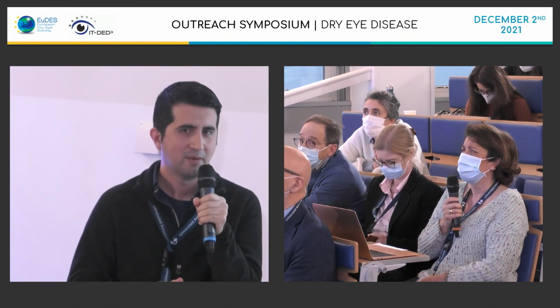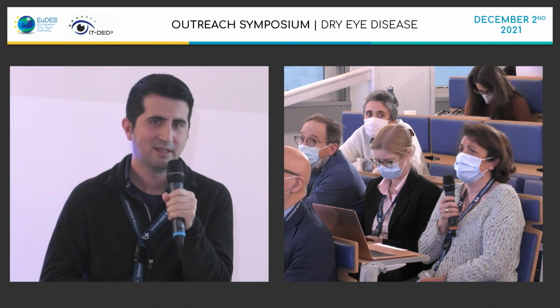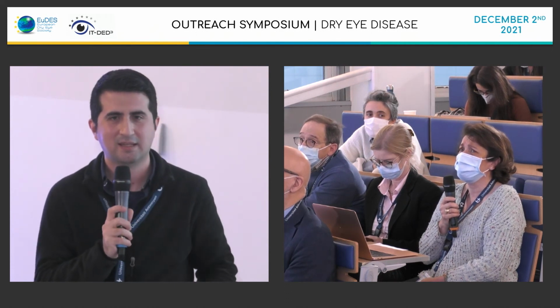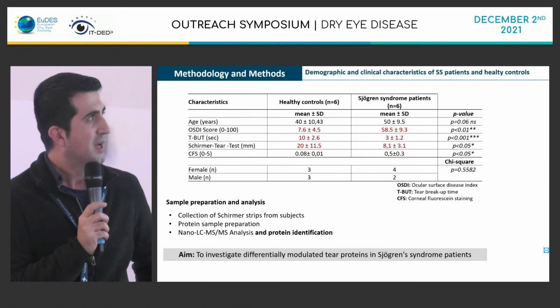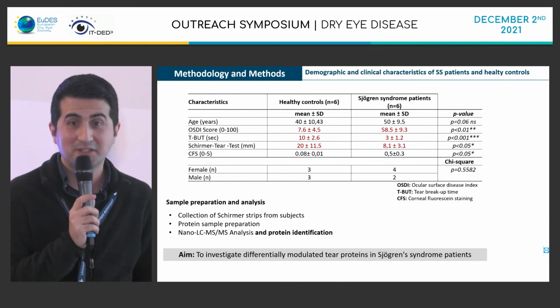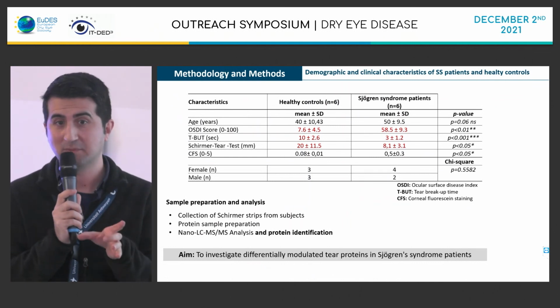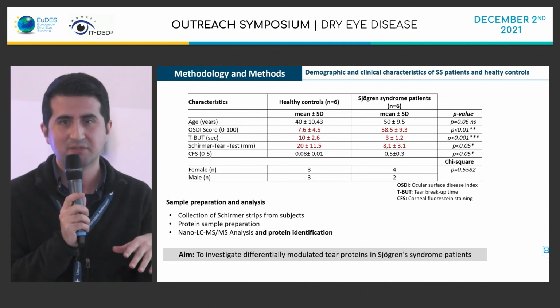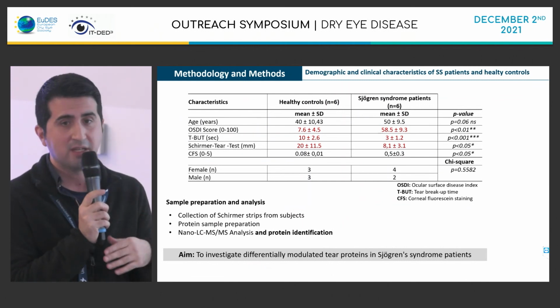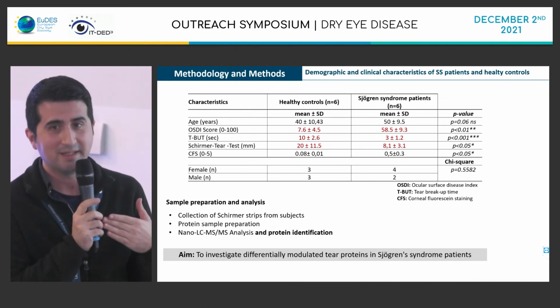I don't think I have a single Sjögren patient with such high values of Schirmer. I think it's really heterogeneous, and even when we check each protein identified in each subject, it varies. But I would say it's still low, though not as low.